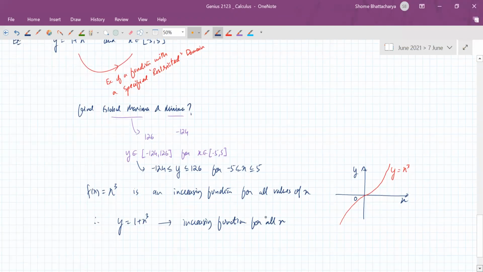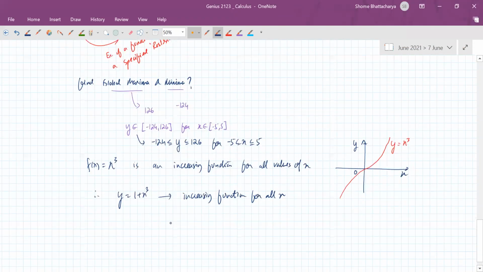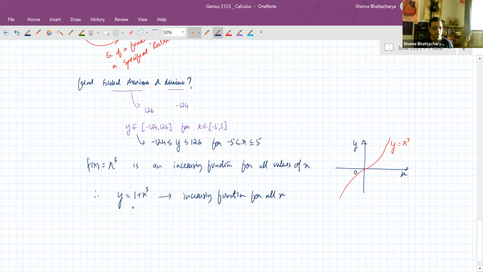So I can see that therefore the minimum value of y is when x is minimum, that is for the lower point of the domain, and the maximum value is for the maximum value of x. So that's how I'm logically understanding.